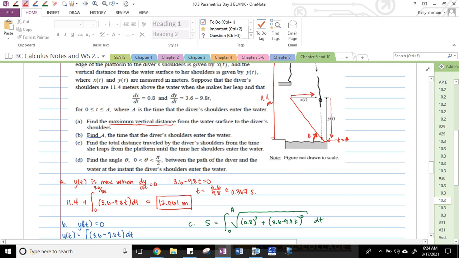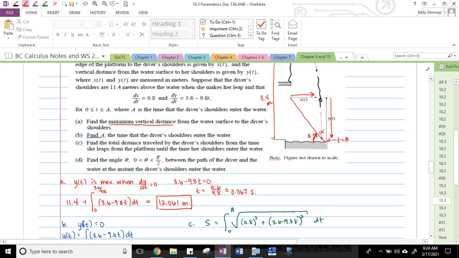It was the angle between the water and the diver's shoulders. So if she went in at this angle, which would be like a belly flop, I'd want to know what that angle was. So it's probably something close to 90 degrees. Looking at a right triangle like this, I can figure out this angle, I'll call it alpha, and then compare it to 90 degrees.